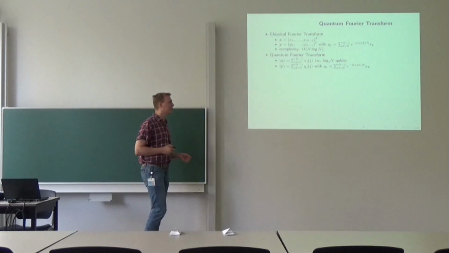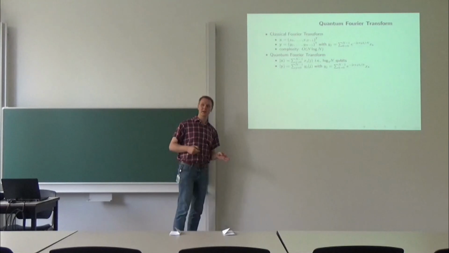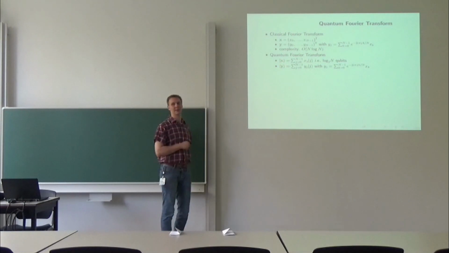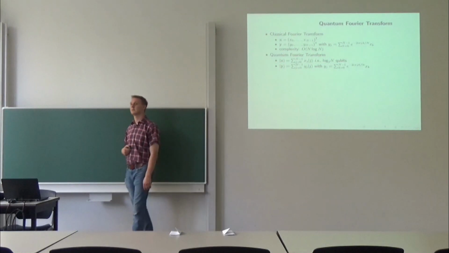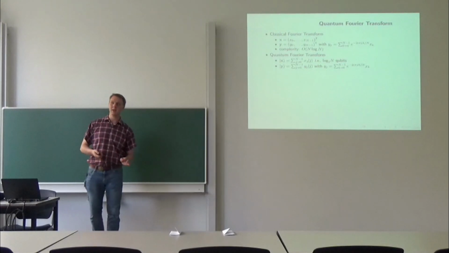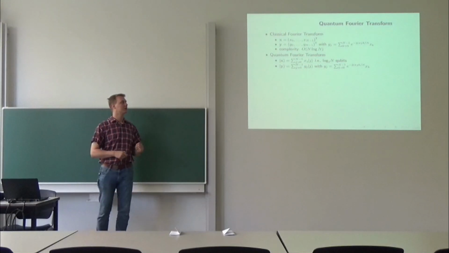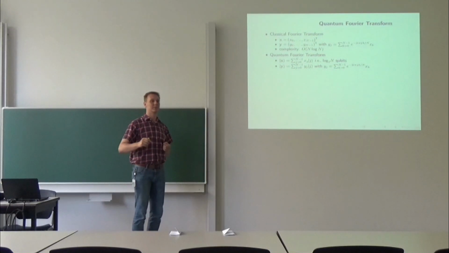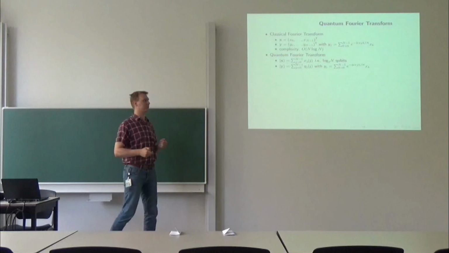And the quantum Fourier transform computes the exact same mapping as the classical Fourier transform, but from superdense vectors to superdense vectors. So the output is another quantum state, still just k qubits, where the amplitudes are the quantum Fourier transform.